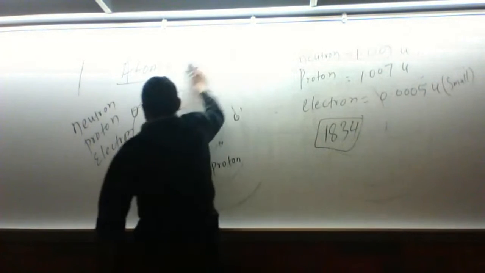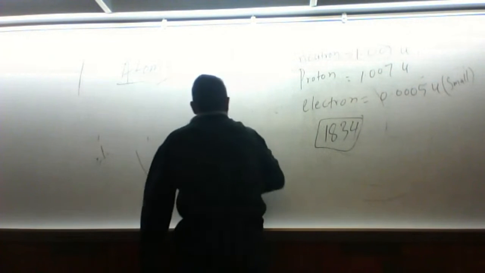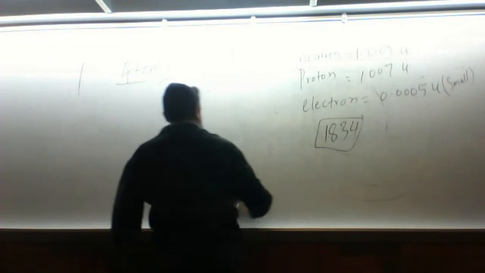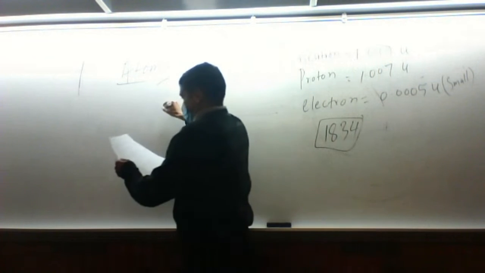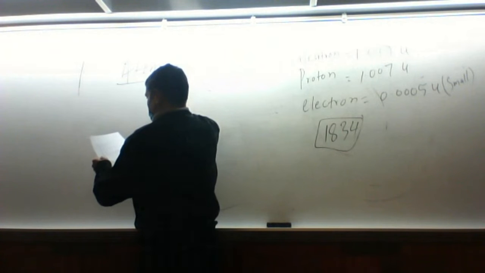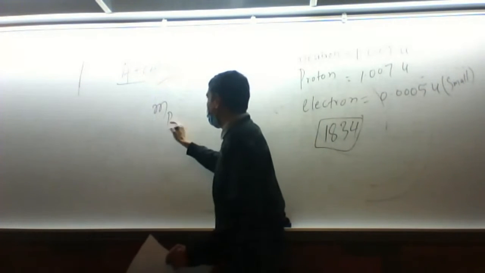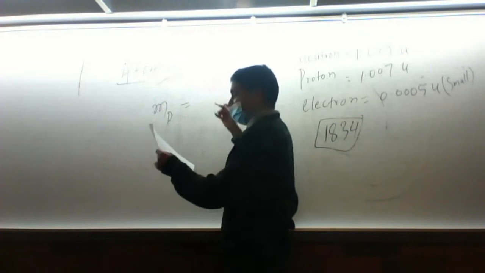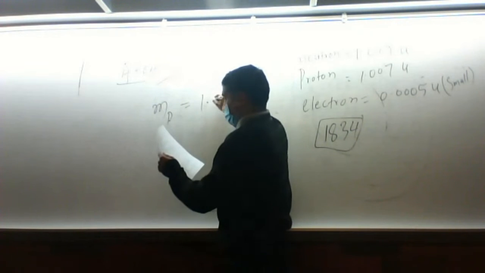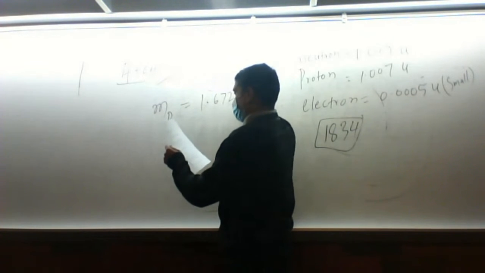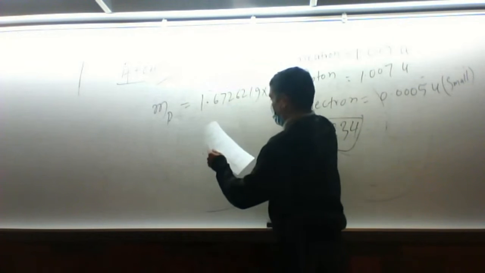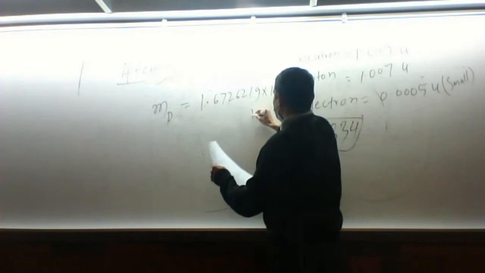Now, if you want to express this mass in terms of the kilogram, the mass of proton, MP, is 1.6726219 times 10 to the power minus 27 kilogram.